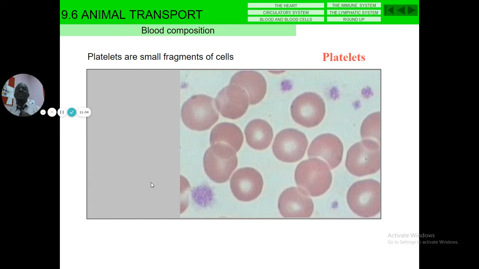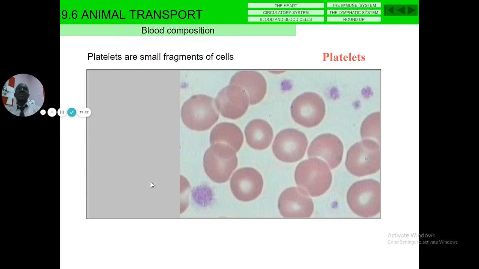So if we ask you to state the adaptations of red blood cells to their function, we are referring to the structure of red blood cells related to the function. One, they have no nucleus when mature, to provide space for hemoglobin.